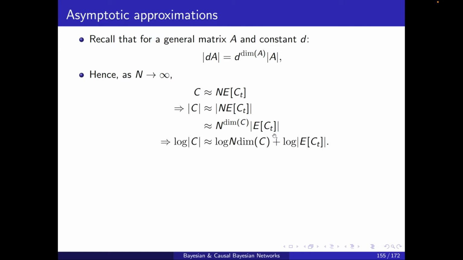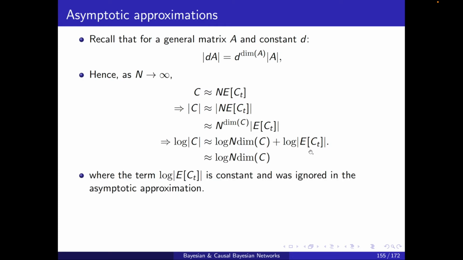Now if I take the log, then I will have log of n times the dimension of C plus log of the expectation of C_t. The whole trick that we did here was to get this expectation of C_t out here and the log n here, because now as n goes to infinity, this doesn't grow with n. It's basically considered a constant. So log of the determinant of C will be basically log of n times the dimension of C.